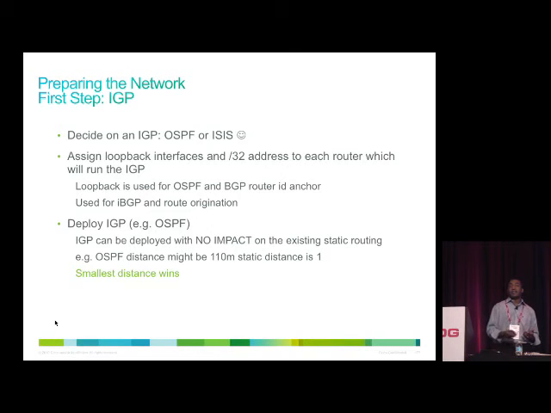Some advantages: with OSPF, if you want to run V6 and V4, then you need to have two different processes. V6 is OSPFv3, V4 is OSPF, so there is that difference. With ISIS, you can run V4 and V6 at the same time using the same process, so you have that advantage.